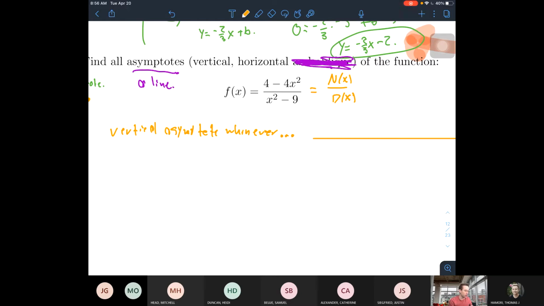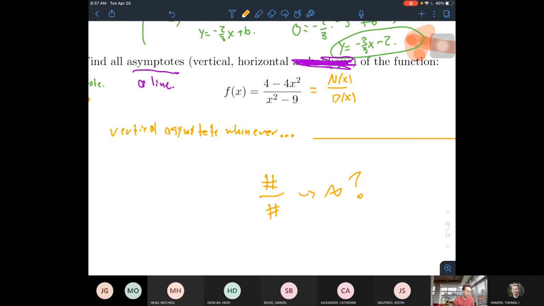Well, if we have a fraction of one number divided by another number, what condition might make this go to infinity? What do you know that makes a function really blow up like crazy? Very good, Heidi.